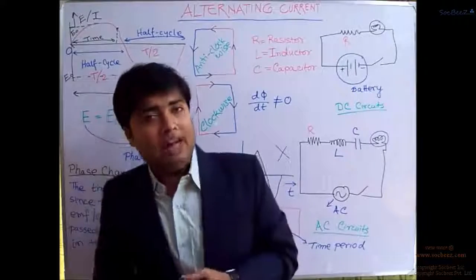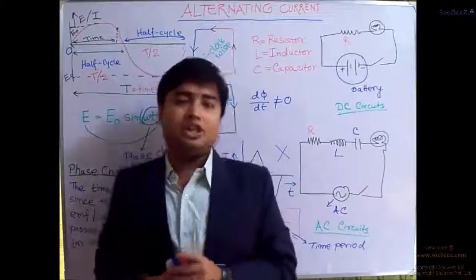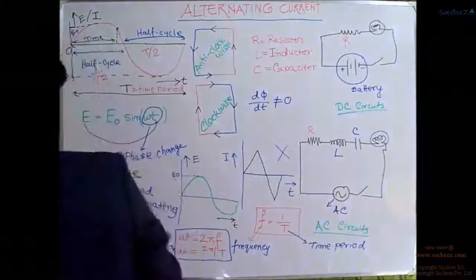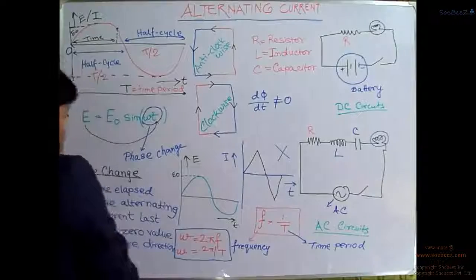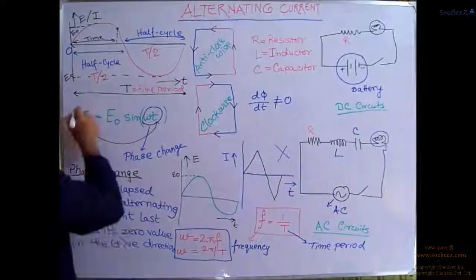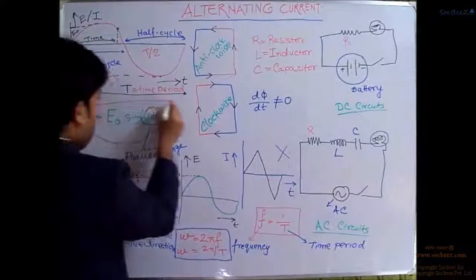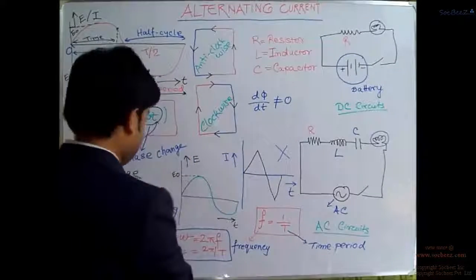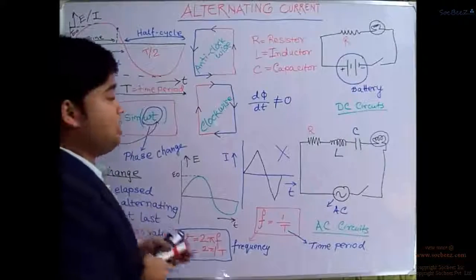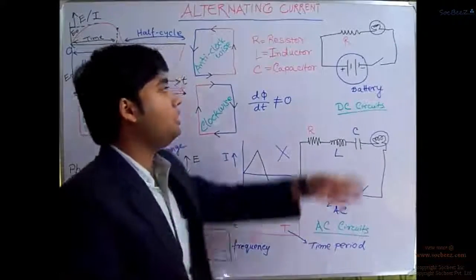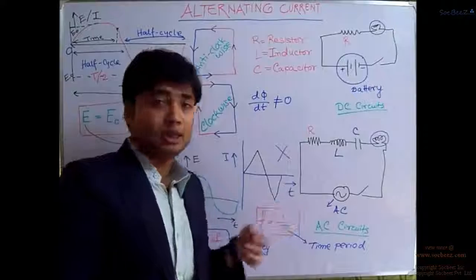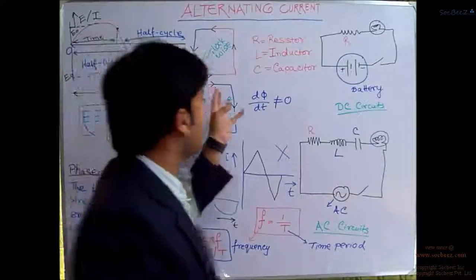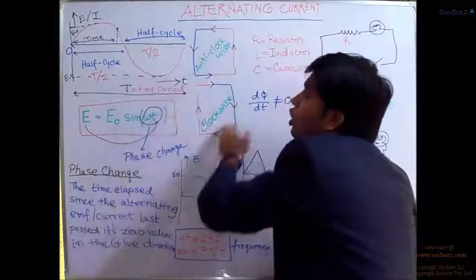So in the subsequent lectures, we will be trying to understand more. We have seen over here the equation of this alternating EMF, right? And also we have understood the major and basic difference between the DC circuits and the AC circuits, and how we could actually produce it.